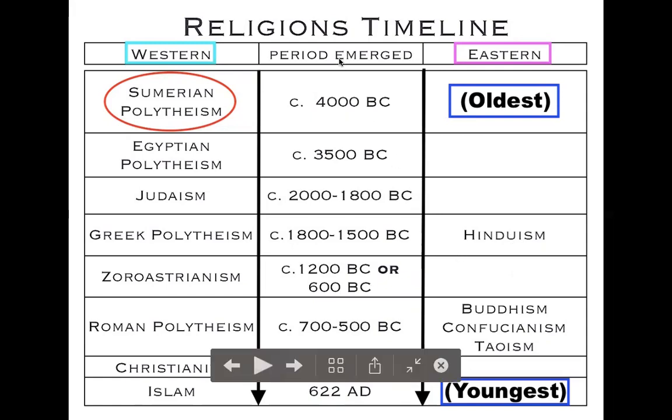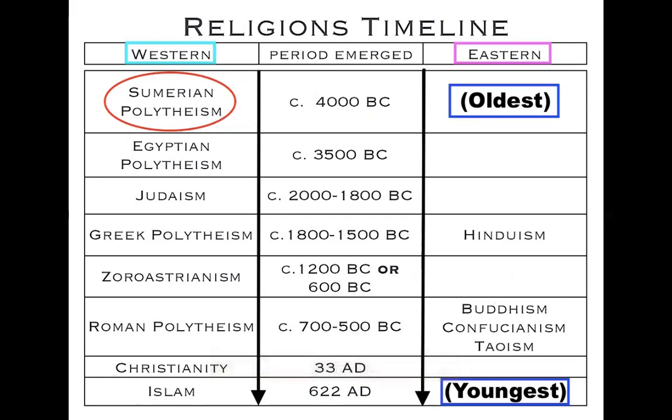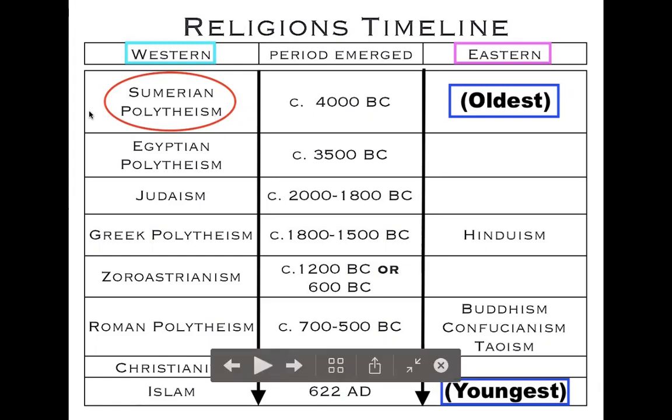In the middle here, you have a column of rough dates. So Sumerian polytheism, Sumer with one M, was, again, present day Iraq, basically, what later in the Bible is called Babylonia. And it's a polytheism, meaning multiple gods, as was, of course, Egyptian polytheism.